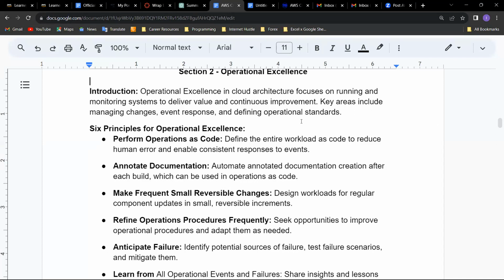So there are also 6 principles for operational excellence. 1, performing operations as code. This helps reduce human error and enables consistent responses to events.